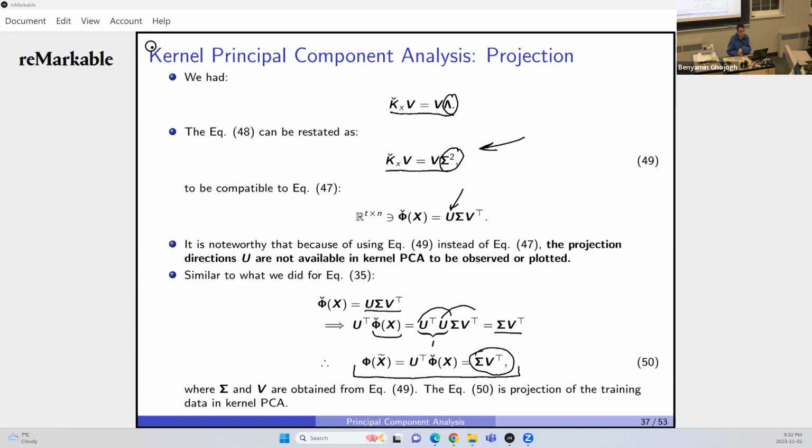It's different. Why? Because sigma and V are the eigenvalues and eigenvectors of the double-centered kernel matrix. But in dual PCA, they were the singular values and singular vectors of the centered data X, right?